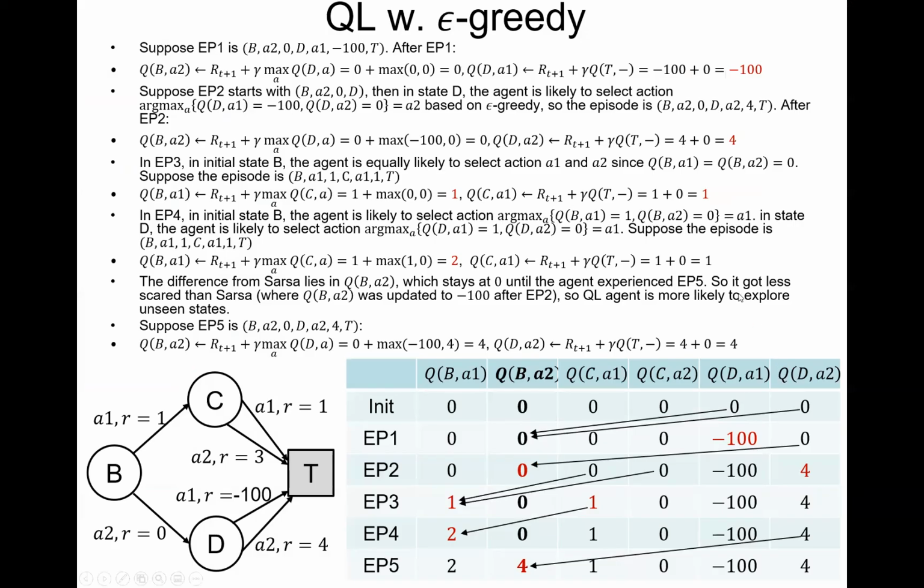So it got less scared than Sarsa, where QBA2 was updated to -100 after episode 2. So a Q-learning agent is more likely to explore unseen states.